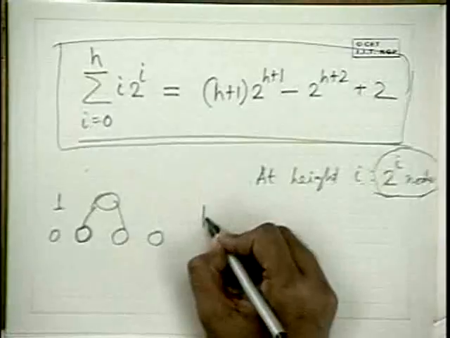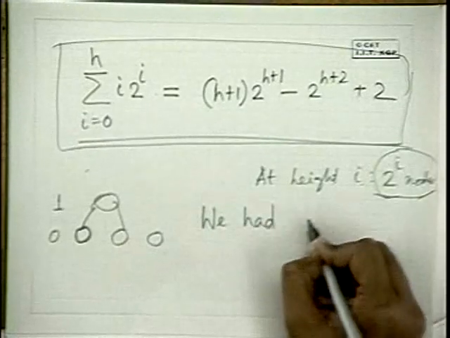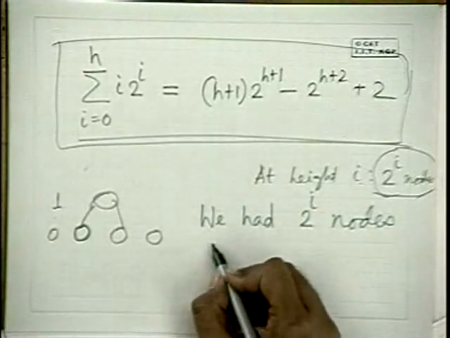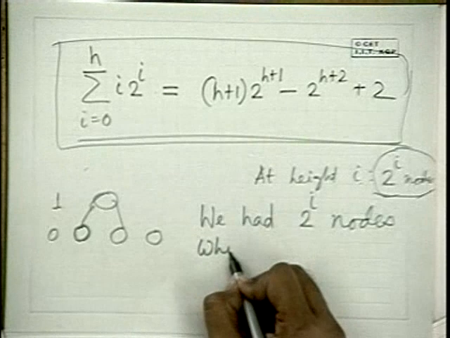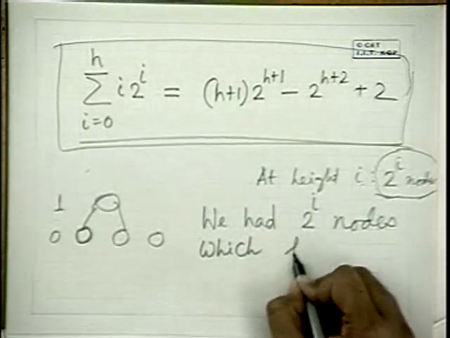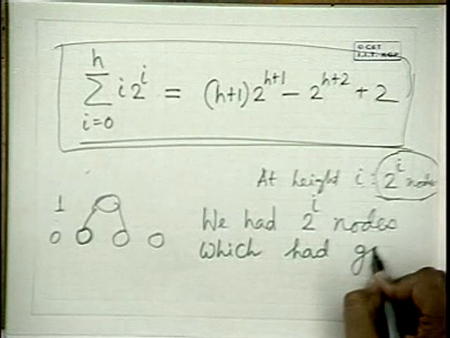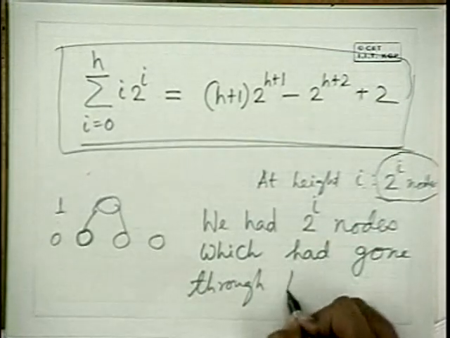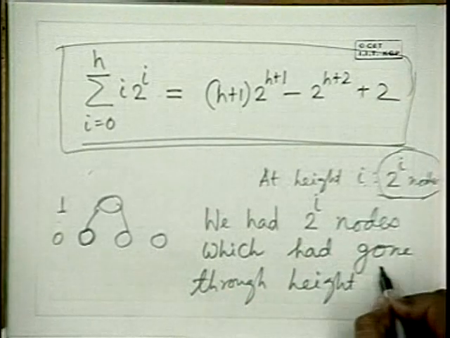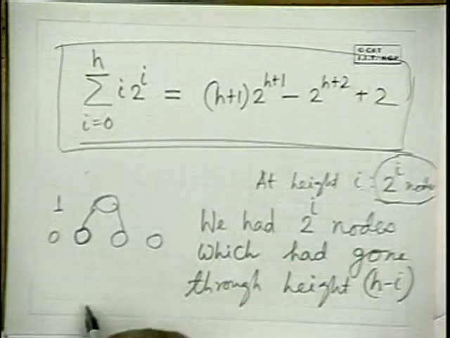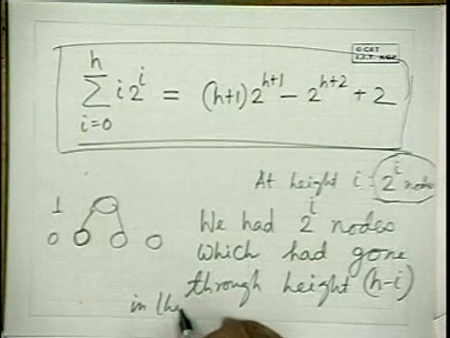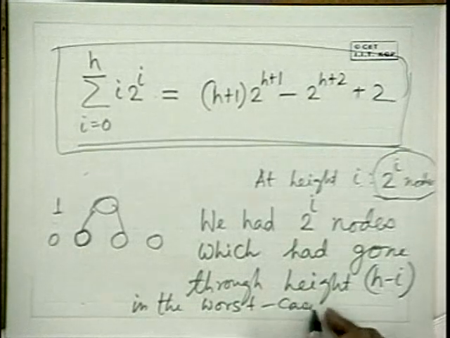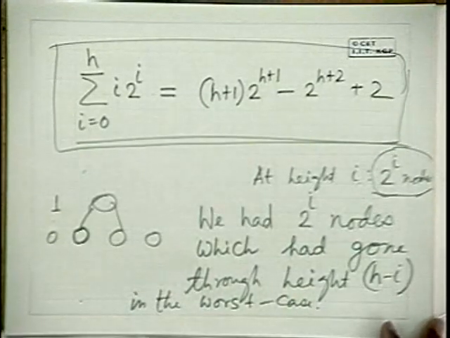We had 2 to the power i nodes which had gone through height h minus i in the worst case, right? This statement you agree with now?